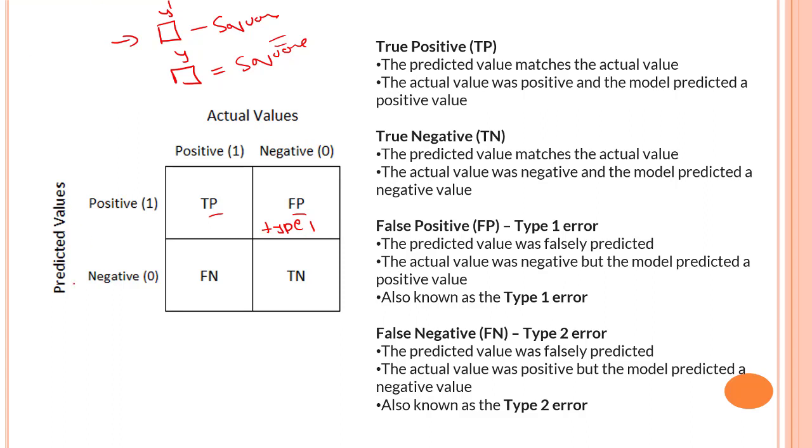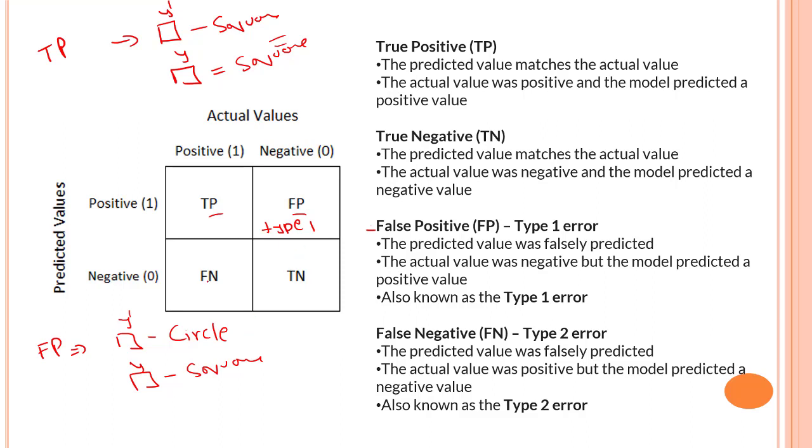So this is true positive, and similarly we have false positive, the type 1 error. For this shape, y dash, what our model is predicting, is a circle, but we have seen that no, it isn't a square. So this is a false positive.